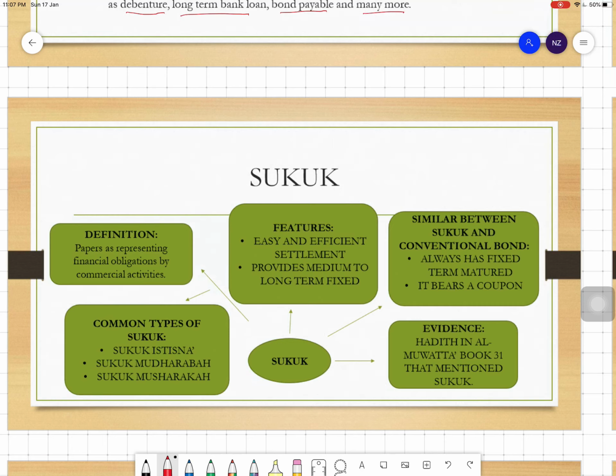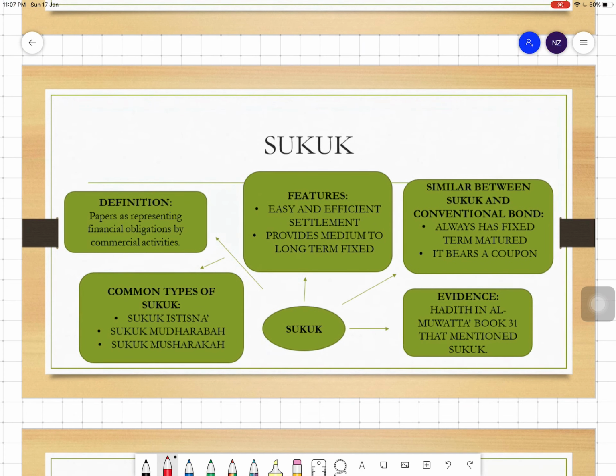So suku is also part of the liabilities of the company that issues the bond, right? The suku mentioned in the slide is something we have already learned in topic 8 before, right? Suku is an Islamic bond, isn't it?